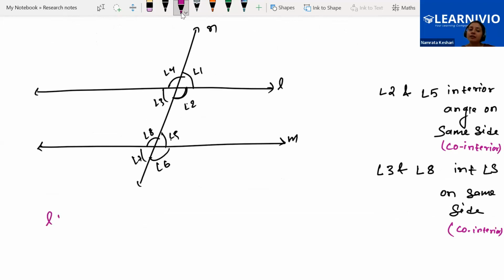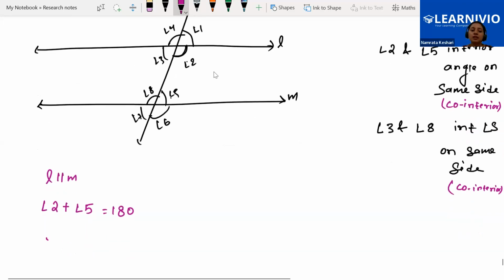If L is parallel to M, then this pair of co-interior angle, here angle 2 plus angle 5, sum will be 180. We will call that these two angles are supplementary with each other. That means sum of these two angles will be 180 degree when L is parallel to M. Okay.